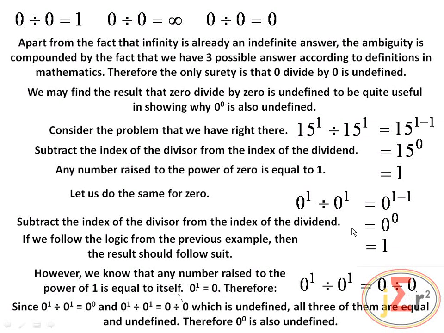Therefore, 0 to the power of 0 is also equal to 0 divided by 0, because these two should be equal. So 0 to the power of 0 is actually equal to 0 divided by 0, and this is undefined. Therefore, 0 raised to the power of 0 is not actually 1, but is actually undefined.